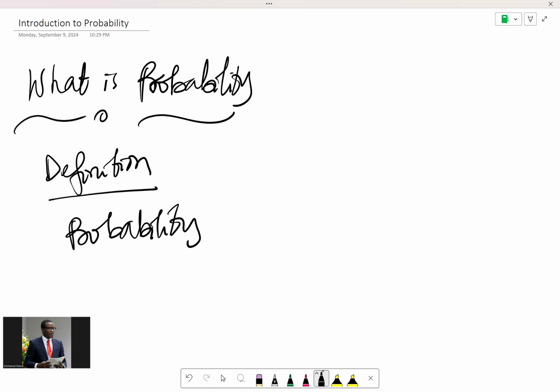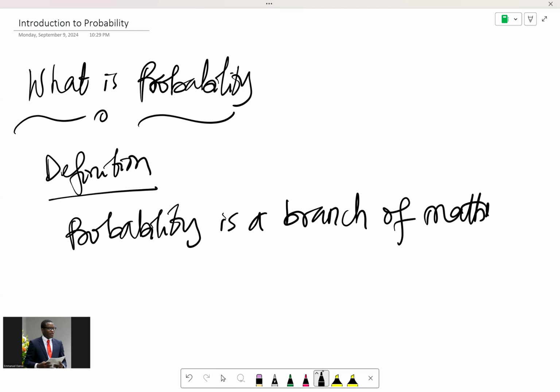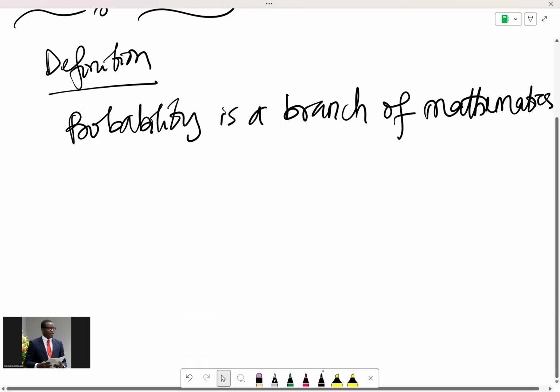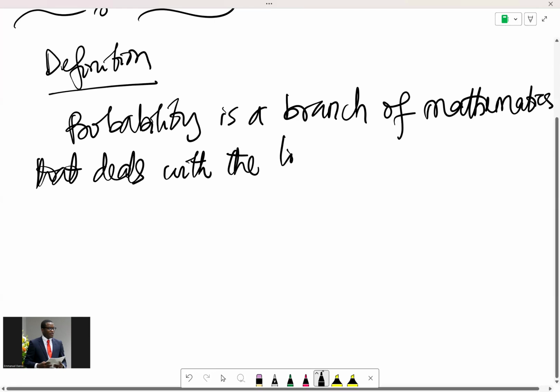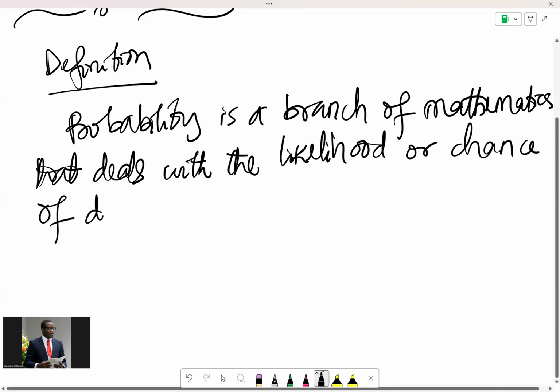probability is a branch of mathematics that deals with the likelihood or chance of different outcomes.